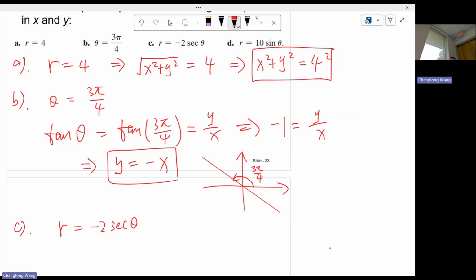I do have tangent theta. So if somehow I can cook up the right-hand side to make it look like a tangent theta, then I would be able to replace that with y over x, getting rid of the theta. But is it possible to turn the secant theta into tangent theta? You're going to have to pay some price, but is it possible? So now, how do we do that?